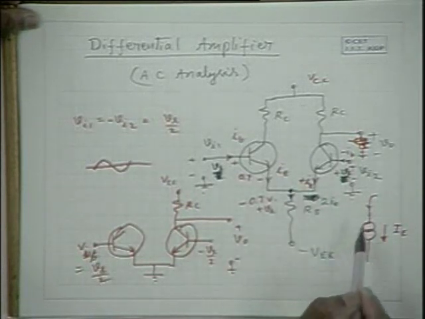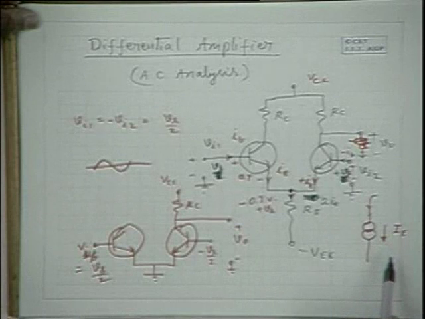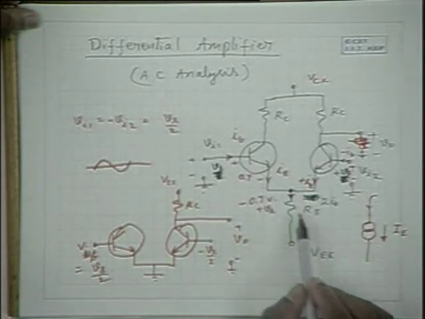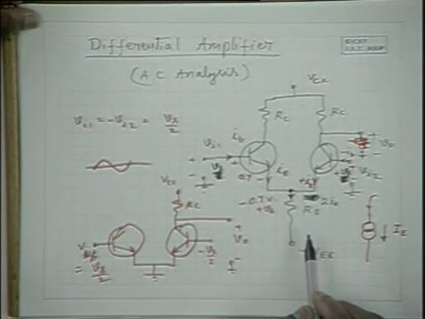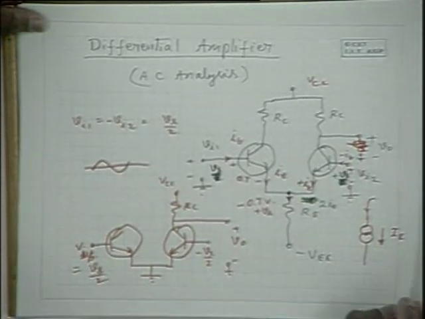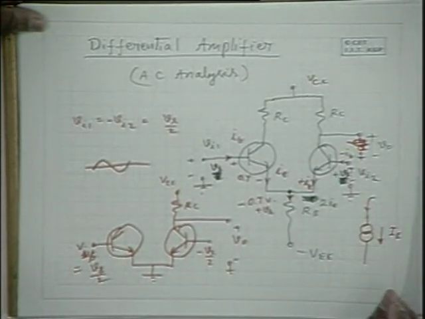RE is equivalent to an infinite resistance if it is an ideal current source. If it is a practical current source, the resistance is equivalent to several hundreds of kilo ohms. Hence, you get a high CMRR. Not infinity, but a high CMRR.